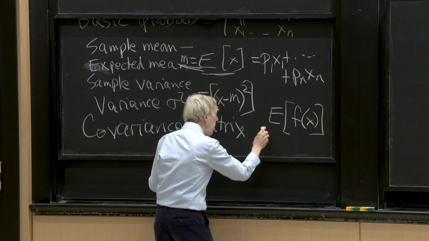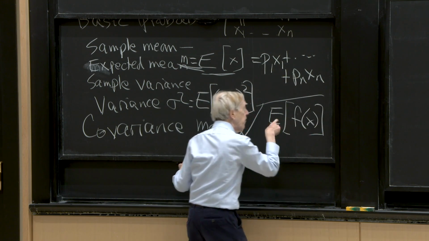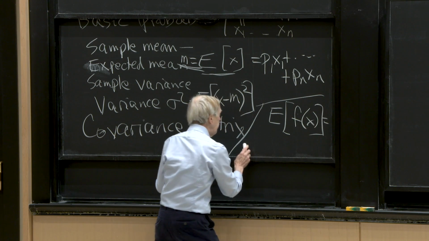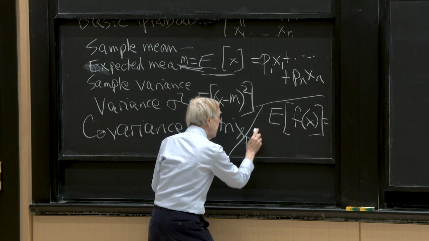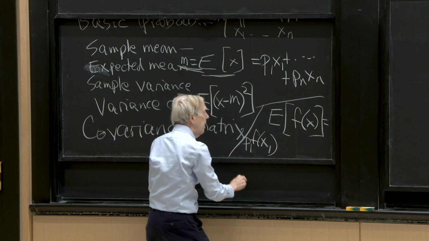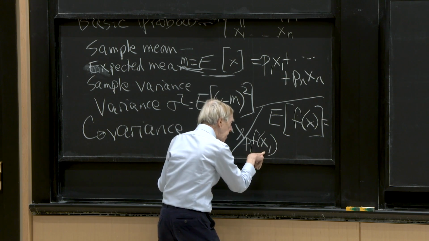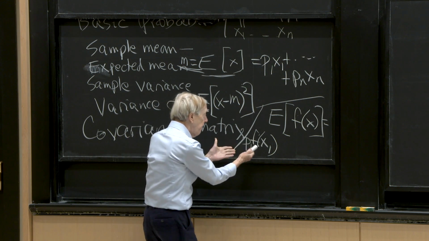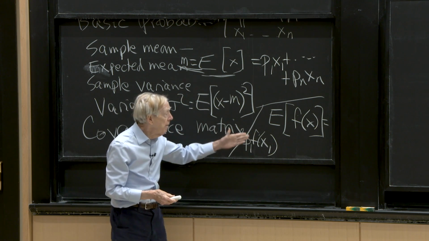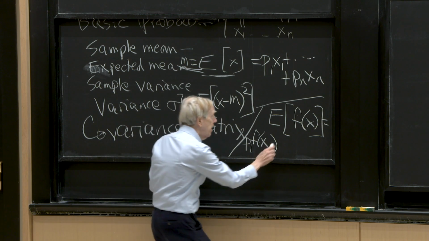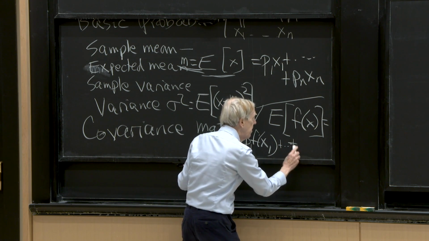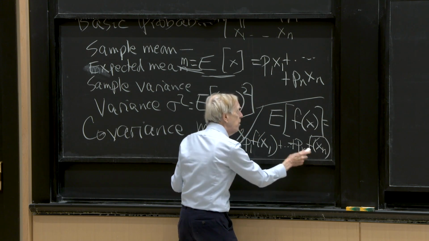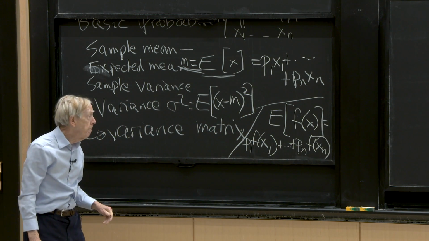So this would be the probability p1 times the value f at x1. So this is the contribution from the x1 possibility, and now we include them all. So it'll be output f of xn with probability pn.